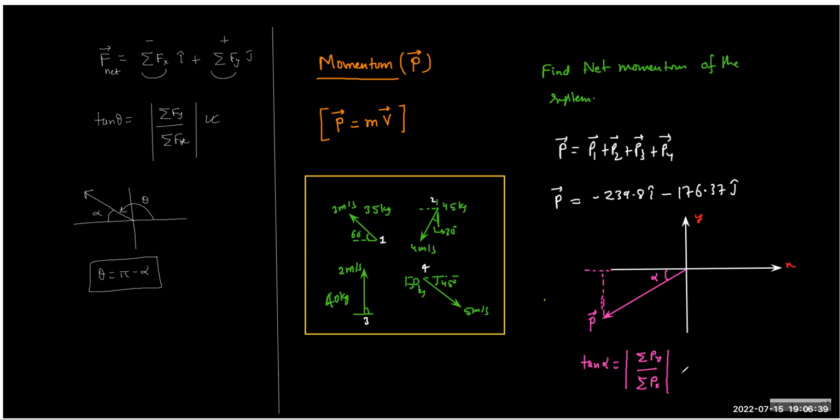Just take the y value and x value, take the ratio and take its modulus because we just need the value. We have already identified the quadrant. So once we know the value, we can express the answer eventually. So tan alpha is how much? 0.735.